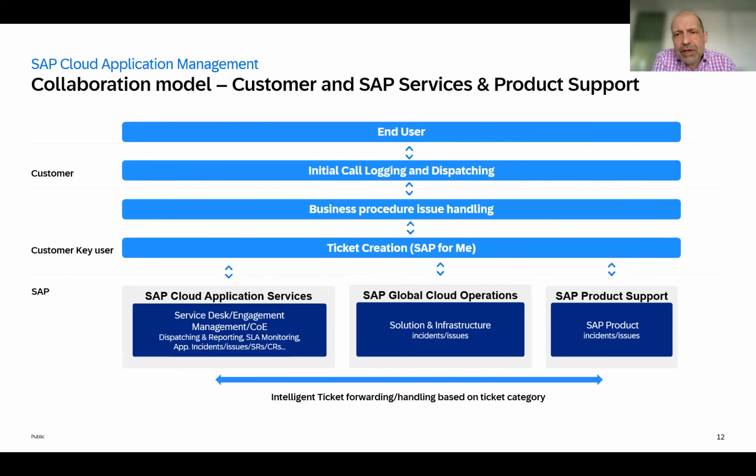From there, our service desk takes over and, as said, also takes over the dispatching to the right organizational unit of SAP, which could be our Cloud Application Services team, or the Global Cloud Operations or ECS teams, if it is a more infrastructure-related issue, for example. And of course, if there is any error within the system, then product support is involved.